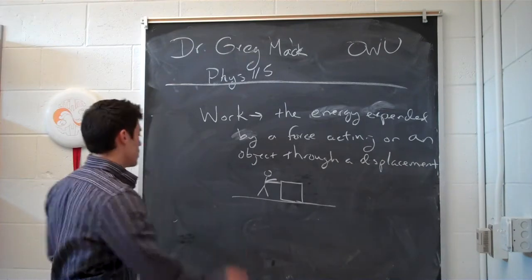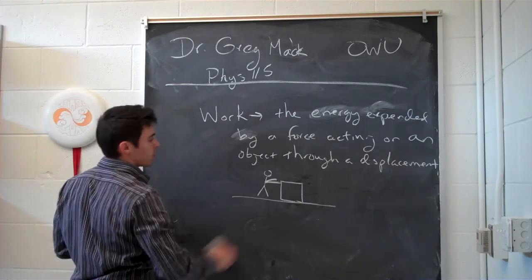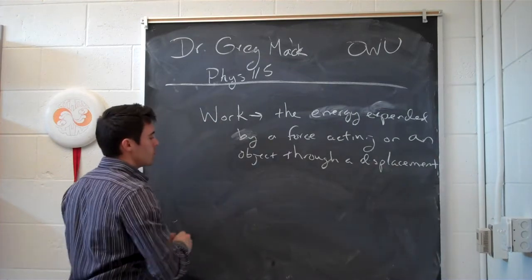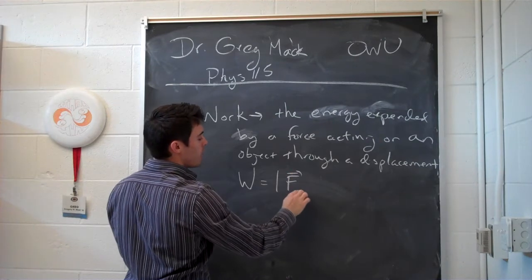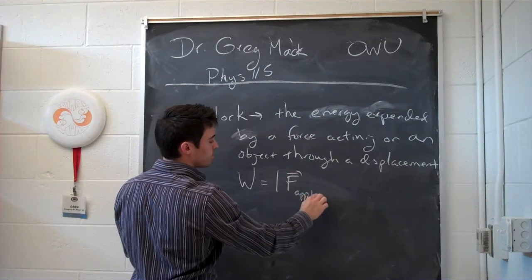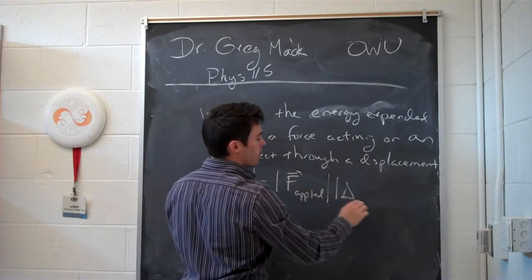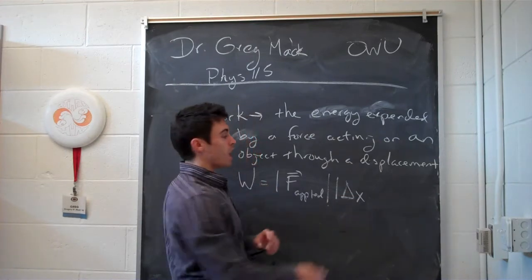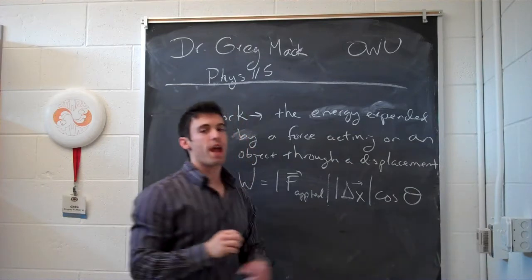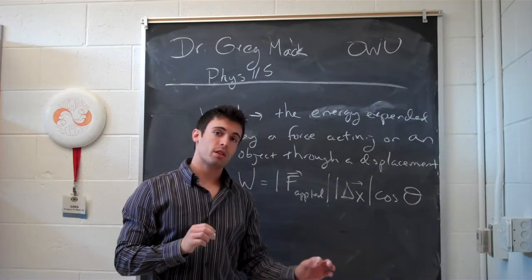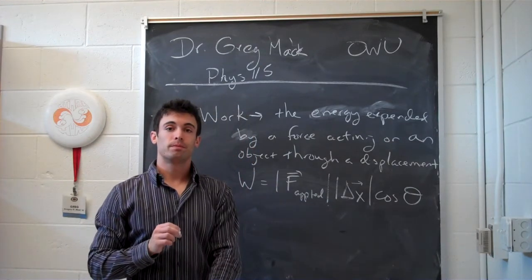So let me address that. For work, let me erase this picture for a second. Work is equal to the applied force on an object times the displacement of the object in some direction, we'll call it x for right now, times the cosine of the angle between the force and the displacement.